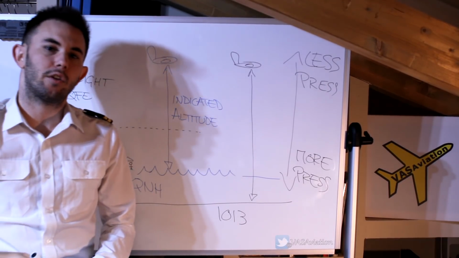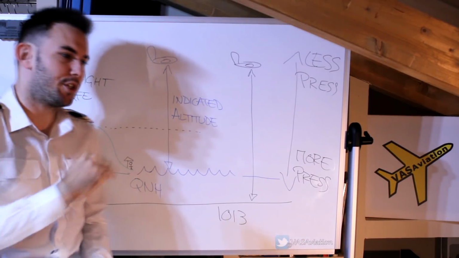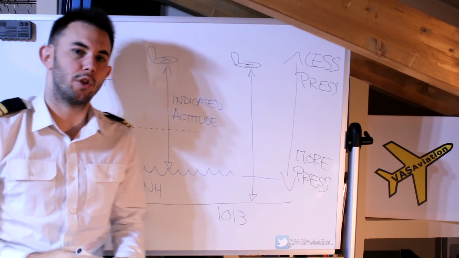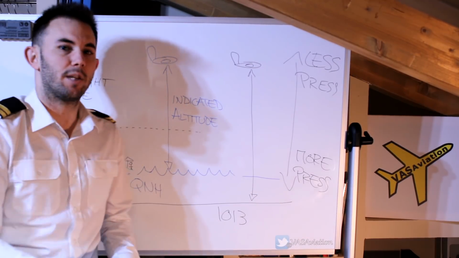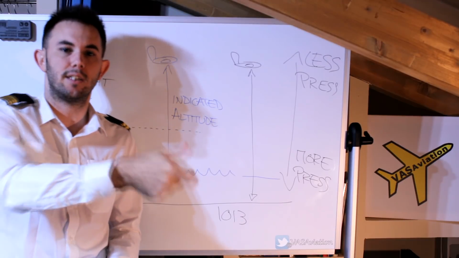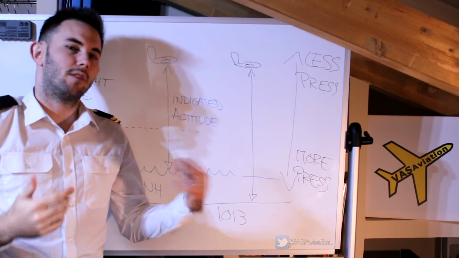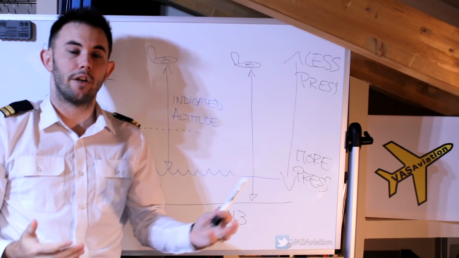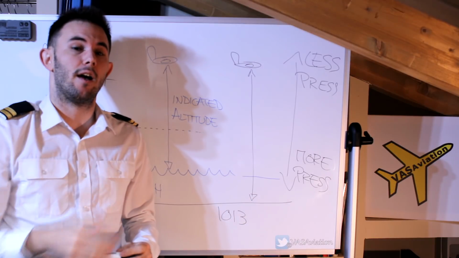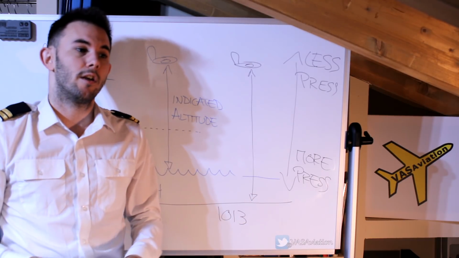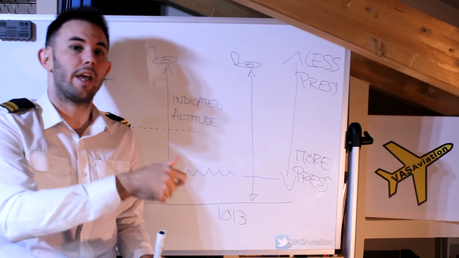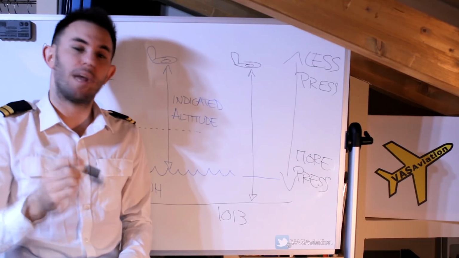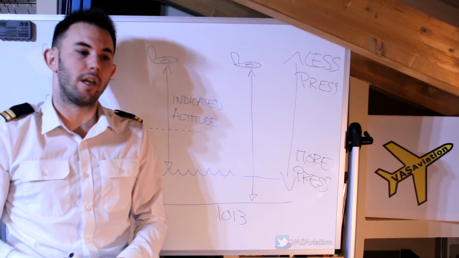If you're flying a light aircraft at very low altitudes, air traffic control will give you the updated QNH, so you are flying in the area with that pressure and you have the altimeter correctly set. That is not practical if you're flying at very high levels, like airliners, and for very long distances. It's not practical to be changing the QNH over and over again during a 14-hour flight. So that's why we use the QNE.